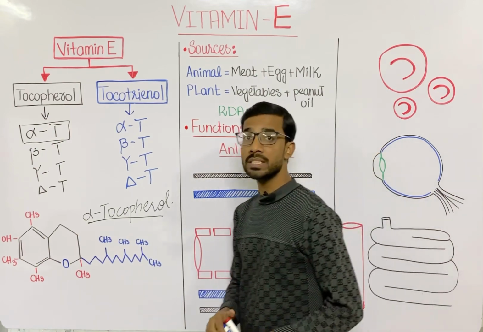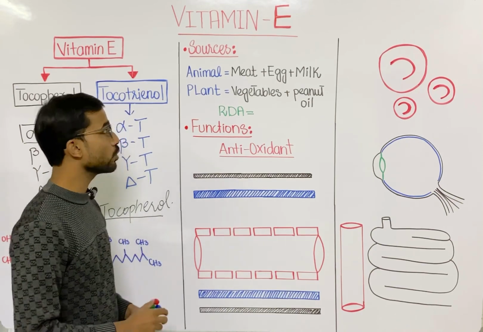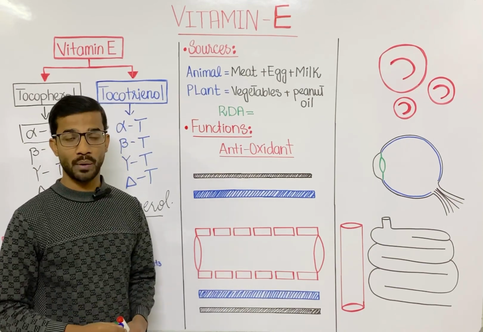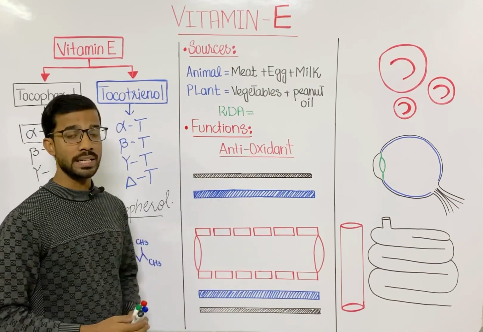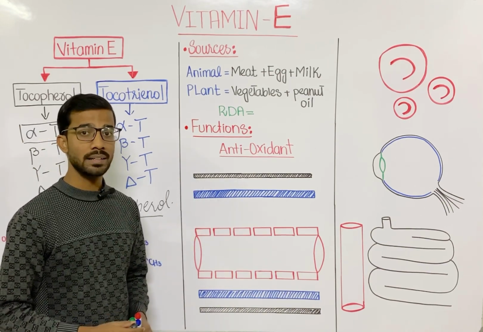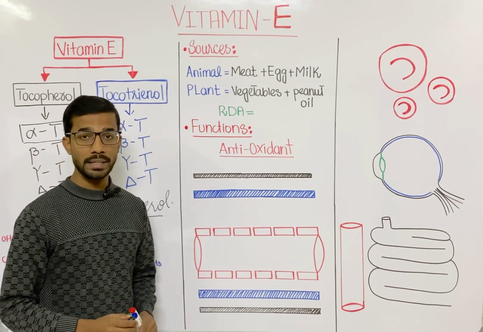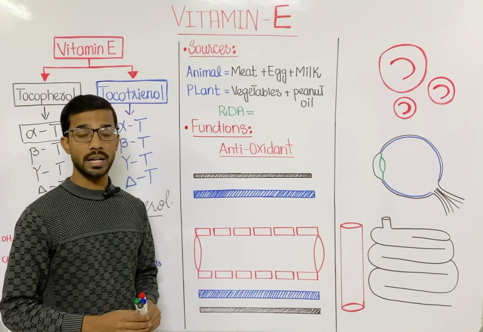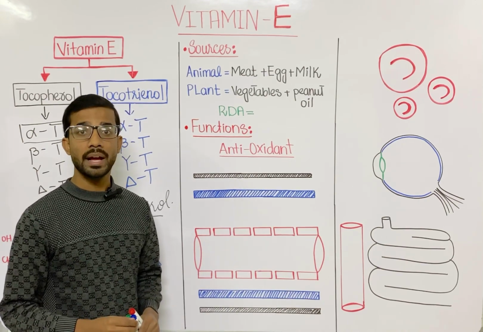If we discuss the different sources of vitamin E, there are two major sources: animal source and plant source. In the animal source you will see meat, egg, and milk. But keep one thing in mind, that human milk contains a large amount of vitamin E compared to cow's milk.